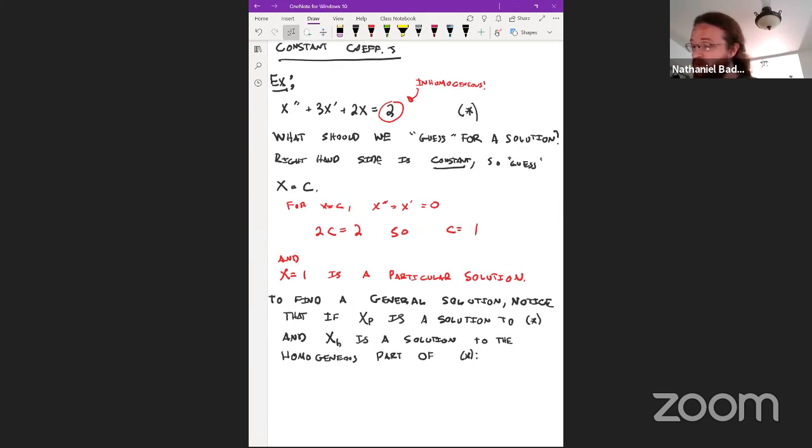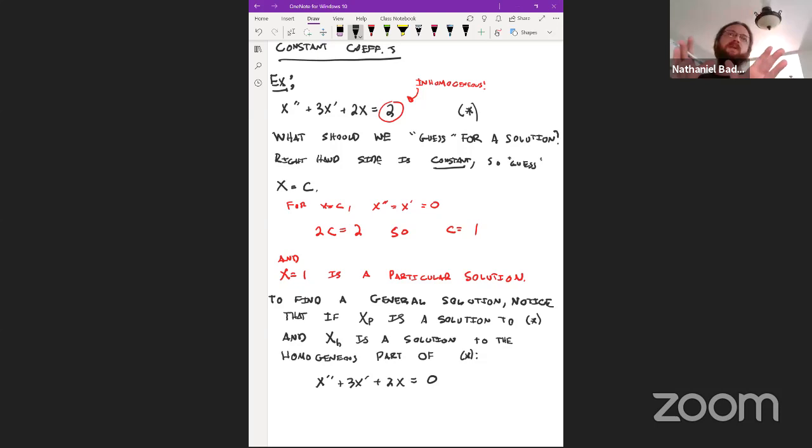The homogeneous part here is going to be the equation x double prime plus 3x prime plus 2x equals 0, right? So we have a homogeneous equation. We make it inhomogeneous by changing the right-hand side, in this case.